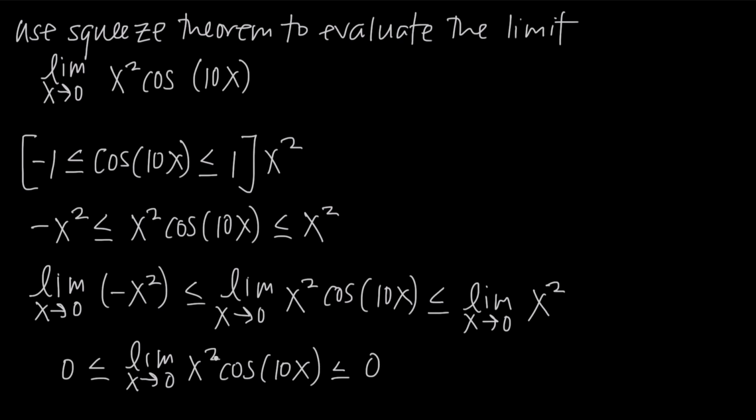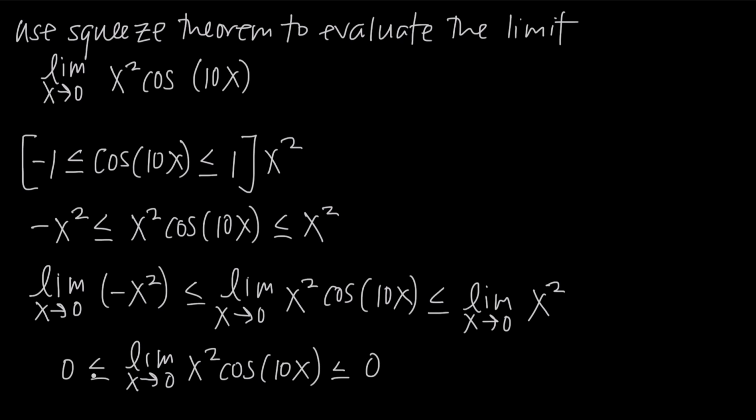And now this is a perfect illustration of squeeze theorem, because what we're basically saying is we have the original limit we were asked to find, the limit as x goes to 0 of x squared cosine of 10x. We know that that has to be greater than or equal to 0, and at the same time, less than or equal to 0. Well, something, no matter what it is, can't be greater than 0 and less than 0 at the same time.